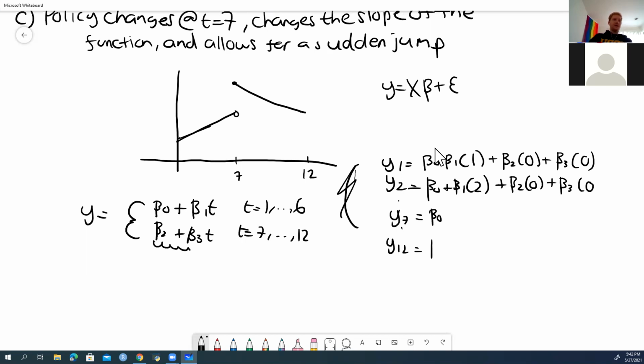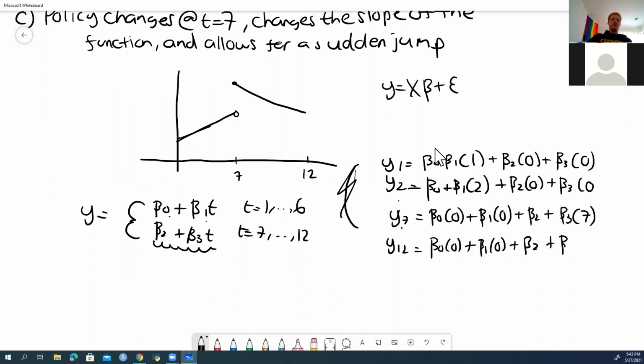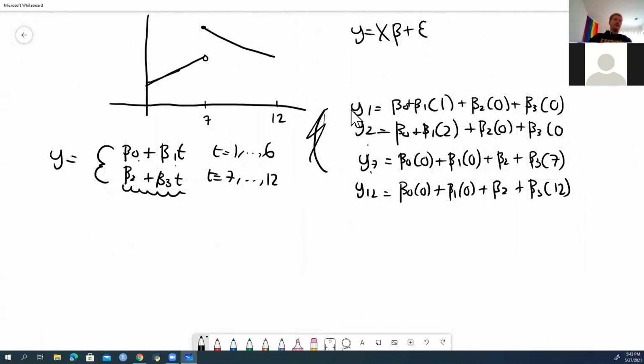So now y7 is following this expression. So I get beta naught times 0 plus beta 1 also times 0, right? We're not using beta naught or beta 1 when we're at 7, plus beta 2 plus beta 3 times now t7. So for 12, it's zeros, beta 2, and then beta 3 times 12. And then again, you should express this now in terms of an x value.